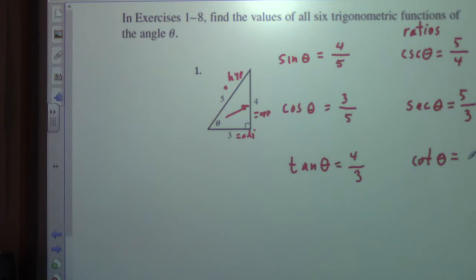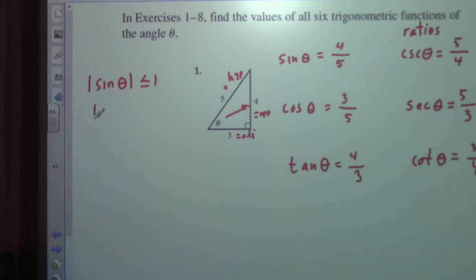And cotangent is going to be 3 over 4. So that's it. Those are your answers. Now, I want to point out something: the absolute value of sine theta is going to be less than or equal to 1.